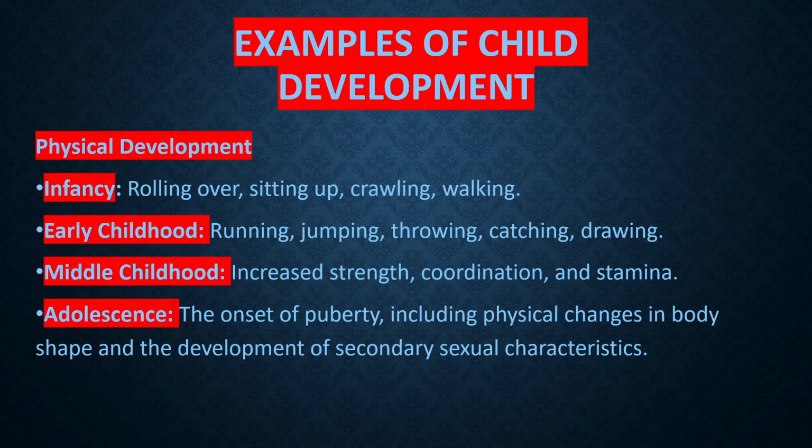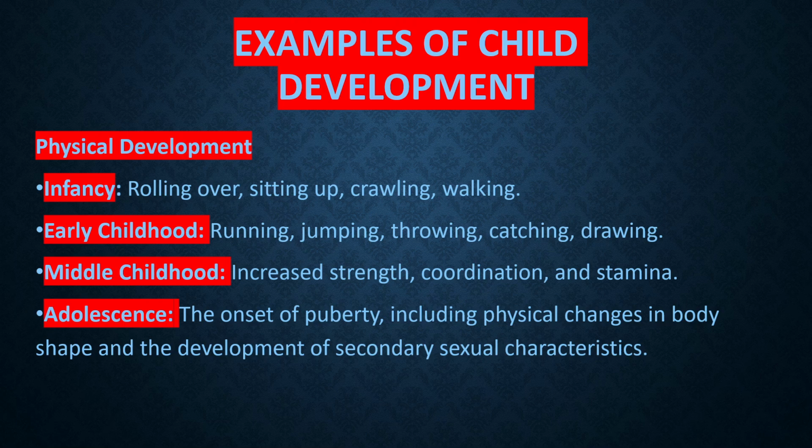Then what happens in adolescence? So the onset of puberty, including physical changes in body shape and the development of secondary sexual characteristics. The adolescence topic will come later on, so I will explain that in a very detailed way. But here you just need to know that adolescence means the onset of puberty.